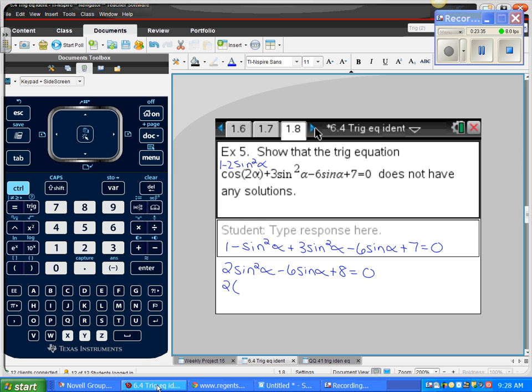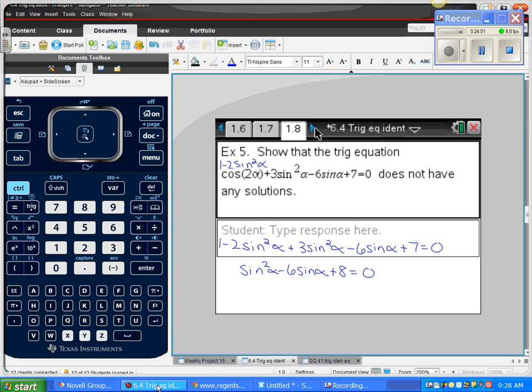My bad. I apologize. 1 minus 2, which is going to make this sine squared alpha, right? Correct? Yeah? Thank you. Sorry about that. Terrible teacher. Fired immediately. Right, no GCF now.